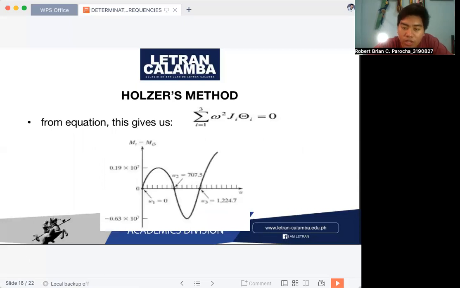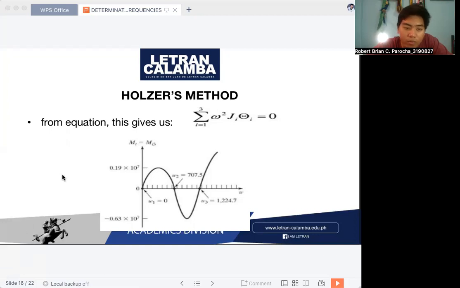From the equations, this gives us the summation of the harmonic motion. This states that the sum of the inertia torques of the system must be 0. The trial frequency must satisfy this requirement.